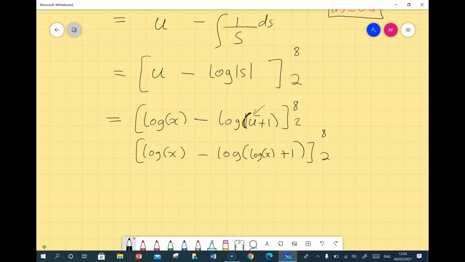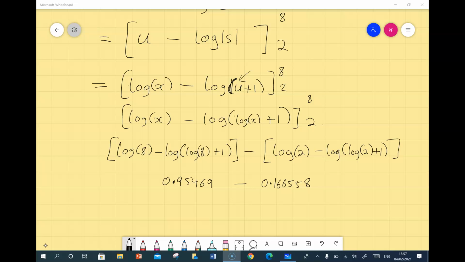Okay, so now we need to start subbing in for our x. Rather than let the video run too long, I'm going to sub in both of those, so 0.95469 and change for the first one, 0.166558 and change for the next one.